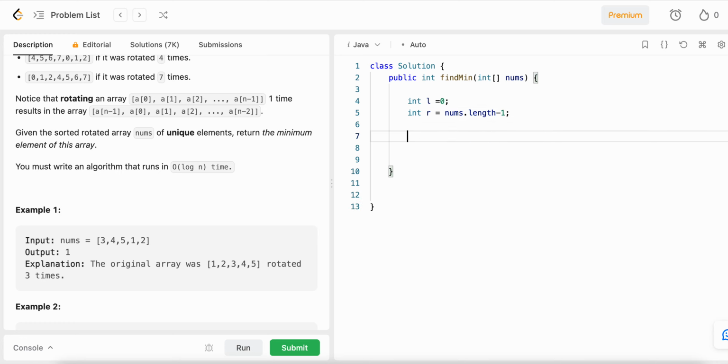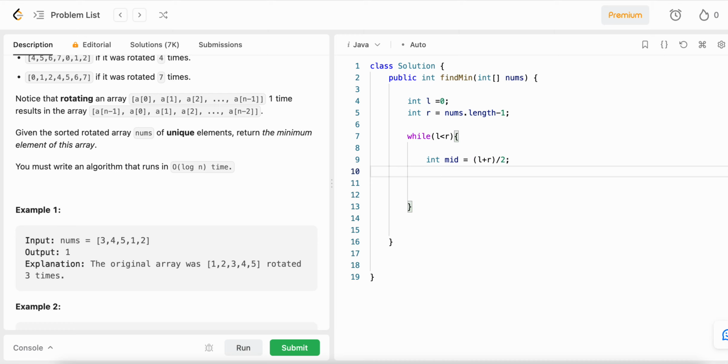So I have initialized my left and right. Now I'll have a while loop. This is like a normal binary search algorithm. It will run till my left is smaller than my right. We will write our mid, so it will be left plus right divided by 2.